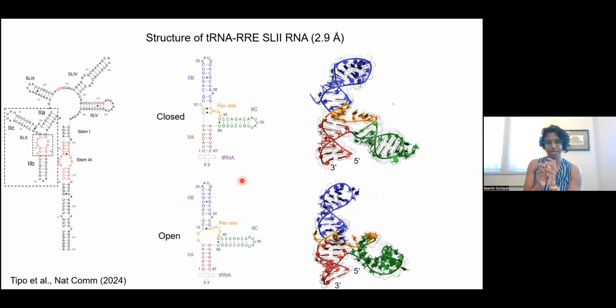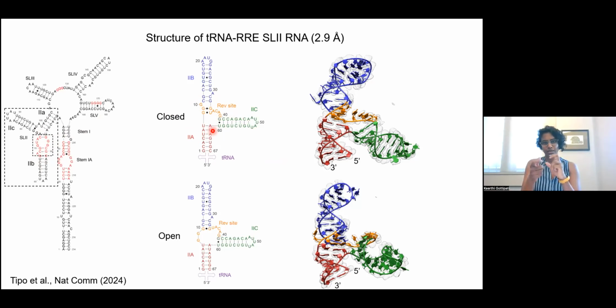They differ from each other at the three-way junction, which also contains the GGG motif, which is the high affinity binding site for Rev. This structure helped clarify the location of the high affinity binding site. It was thought to be part of the stem 2B, but now we know that it's part of the three-way junction.